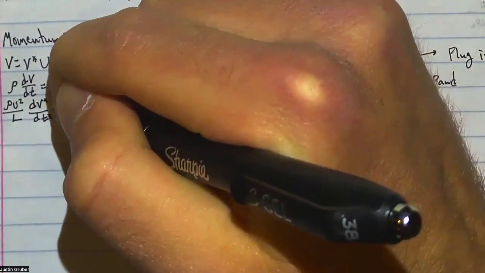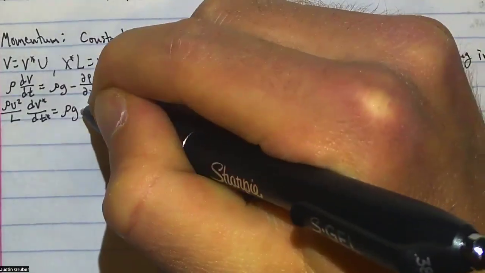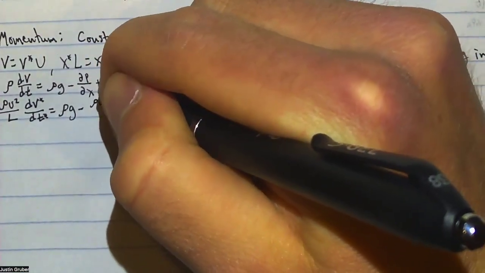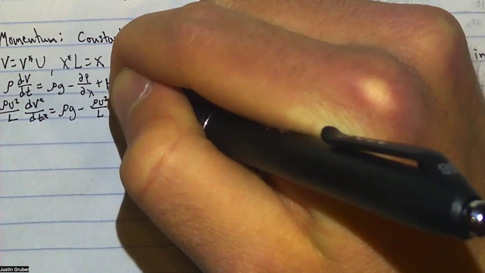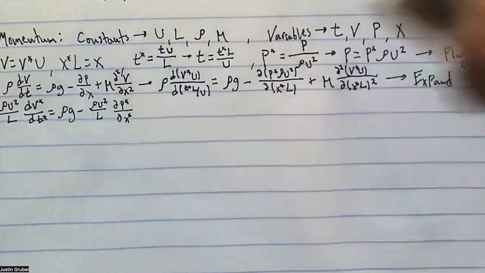right? And then that equals, still we're stuck with the rho G. And then subtract, again, we can pull out a rho U squared and an L times partial P star, partial F star.